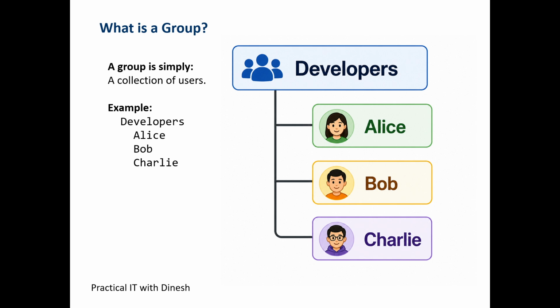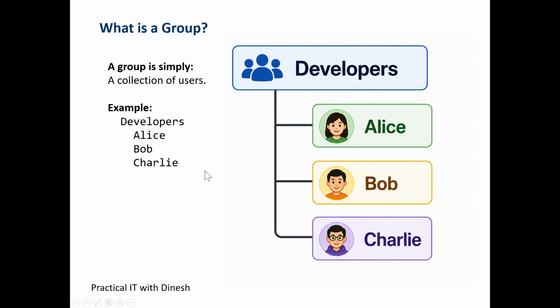What is a group? Now imagine a software development team that has members like Alice, Bob, and Charlie.